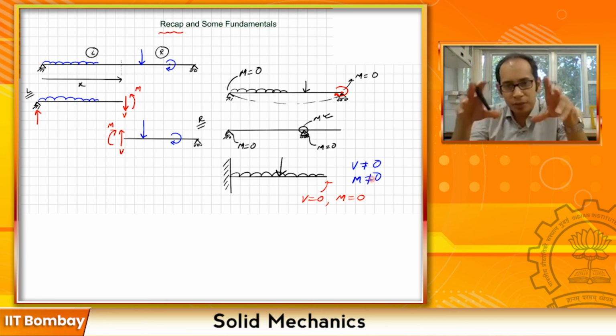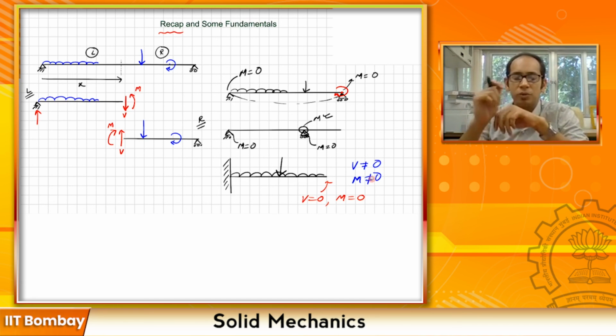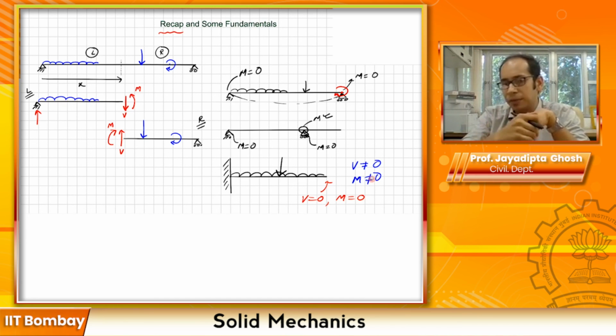So these are some of the things to always keep in mind while you are deriving the shear force diagrams and the bending moment diagrams for beams under the different kinds of loadings, right?